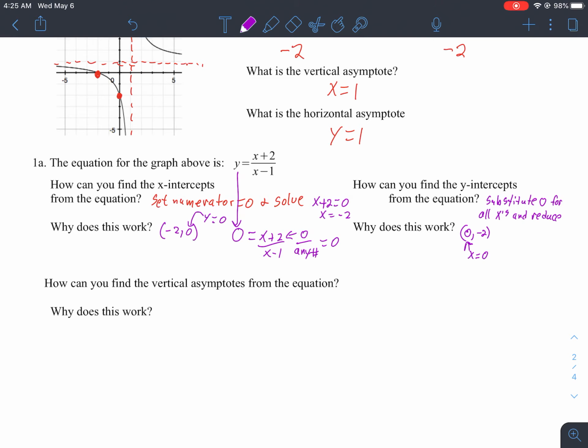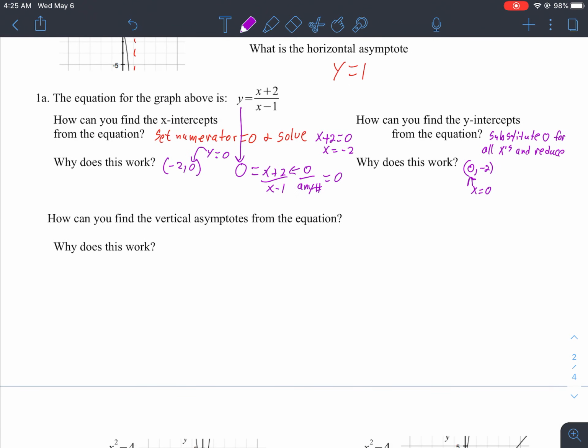How can you find the vertical asymptotes from the equation? You set the denominator equal to 0 and solve. So in our problem, we would have x minus 1 equals 0, and we would get x equals 1.